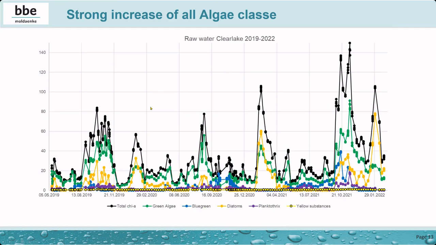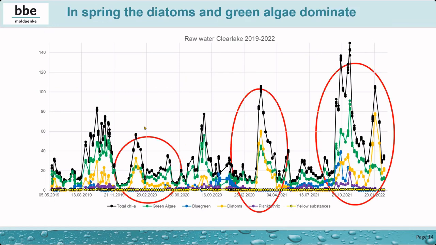And here we have a strong increase of all algae classes. There's the total chlorophyll, green algae and diatoms, and you see a very strong increase of the whole algae content over about 3 years. Typically on the northern hemisphere in spring, diatoms and green algae dominate.